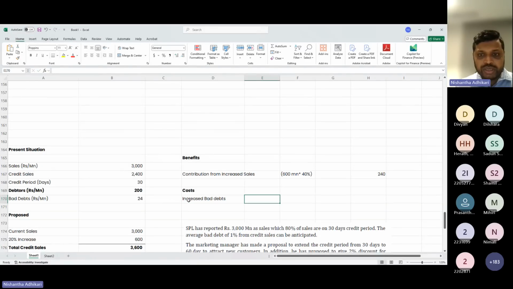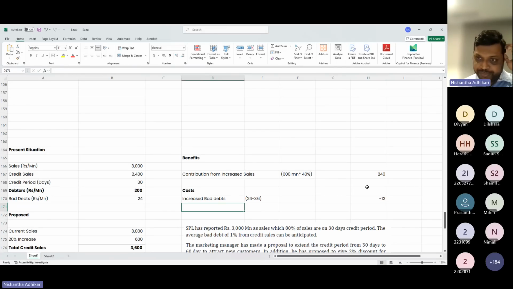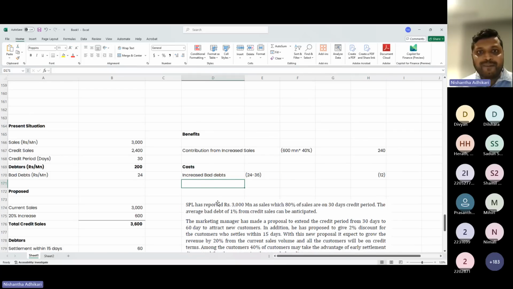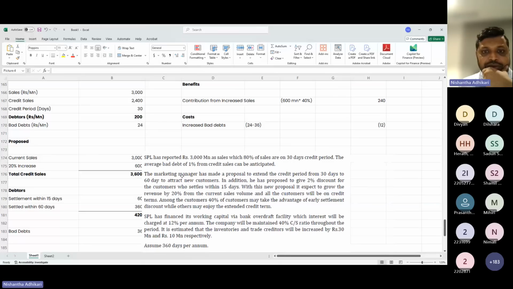How much? 36 minus 24. It is 12 million. Bad debt went up by 12 million. Then in addition, what else?